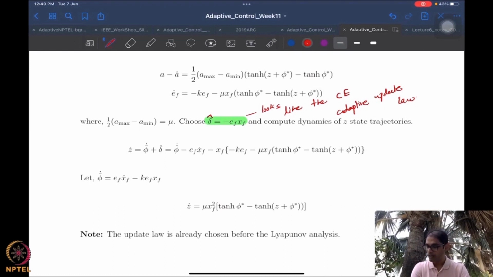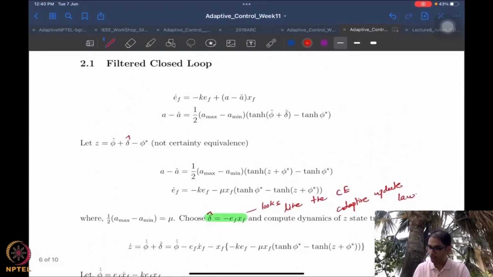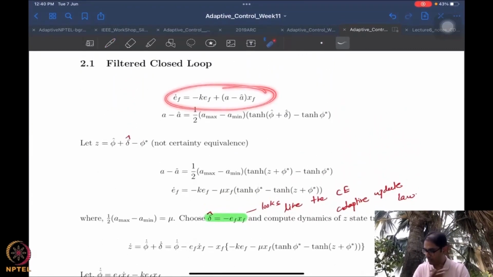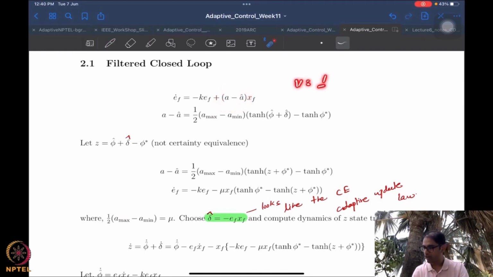Because if you took the filtered system, which is this, and you thought of this as say A tilde, and you took your V as half EF squared plus half A tilde squared, you would get your A tilde. In fact, it's a very quick calculation. I can simply do this. This is an aside.